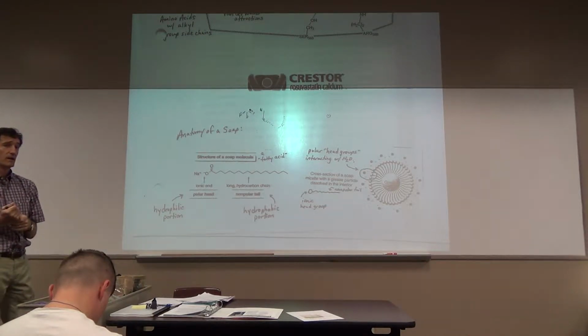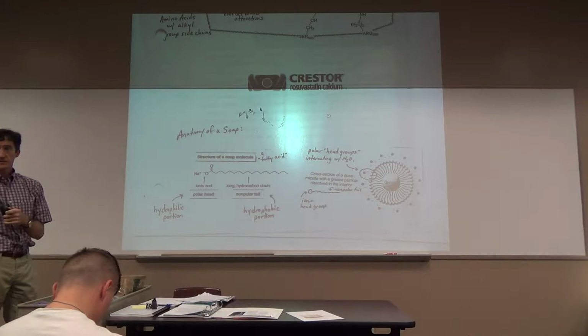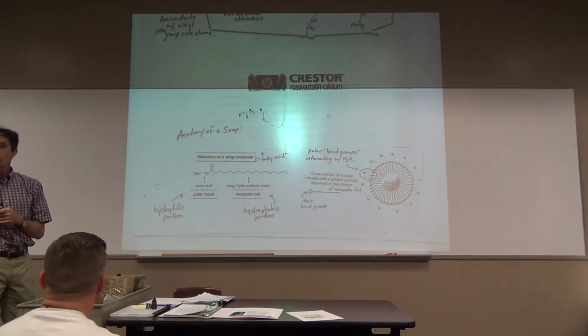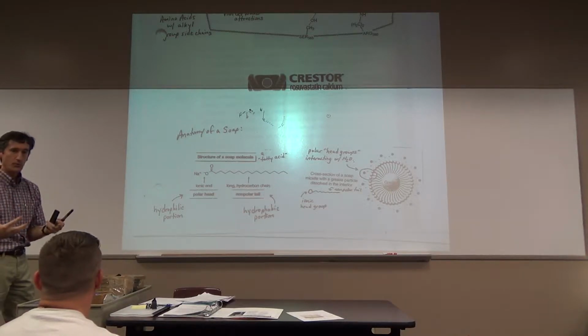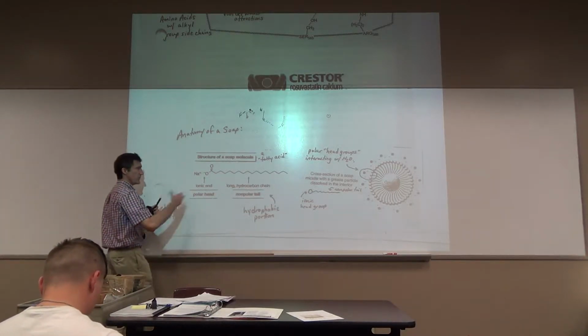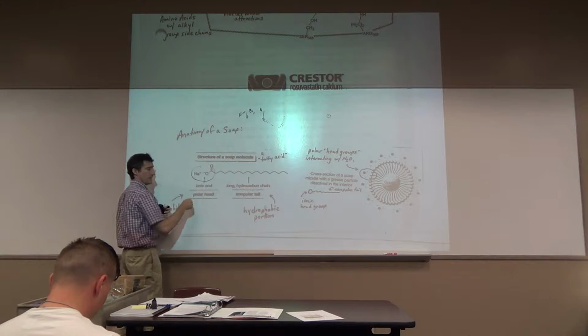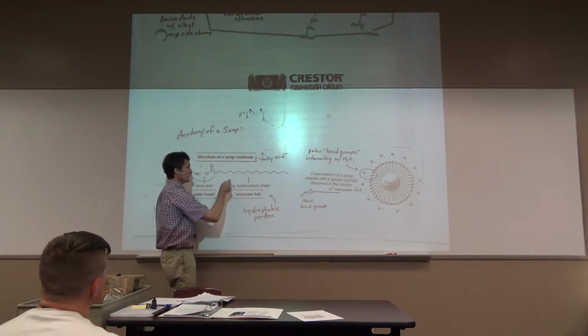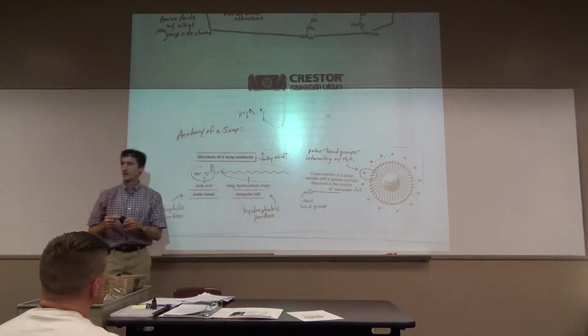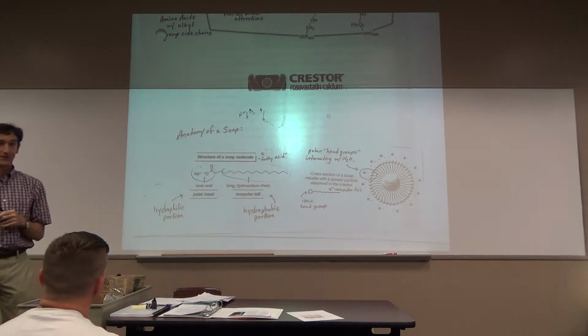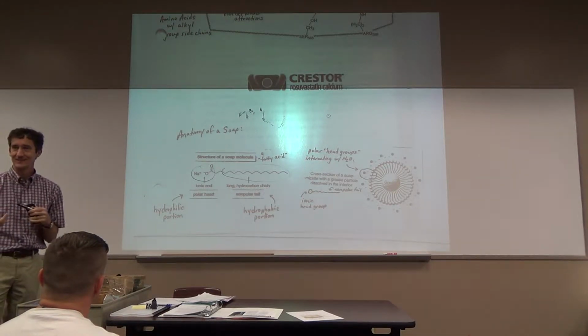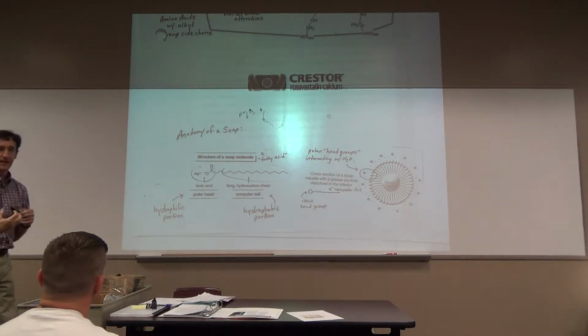Why? First off, when you take a shower or something, you bathe in water or acetone? Water. So you got water there. So you want your soap to like water, but you also want your soap to like what? Oils. Grease and oils. Okay?